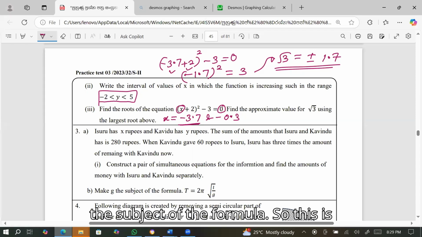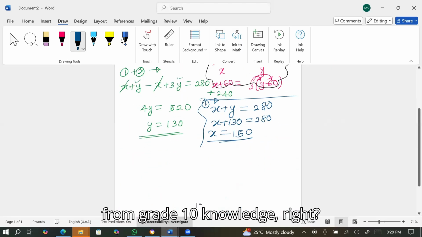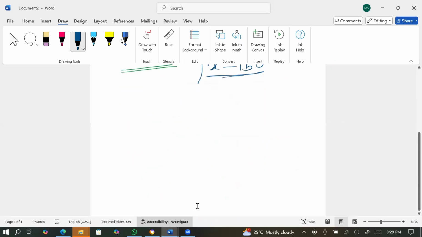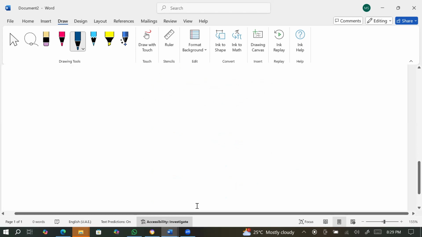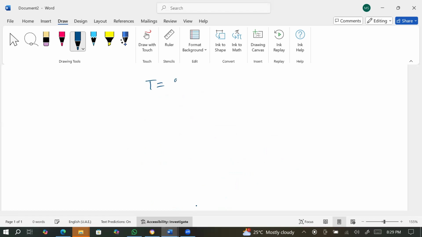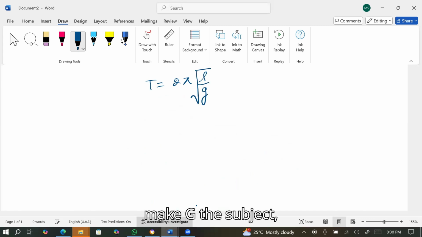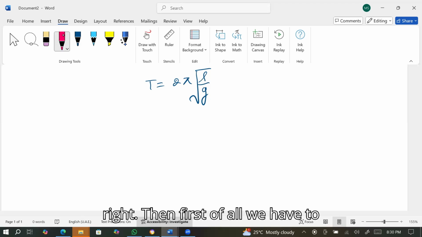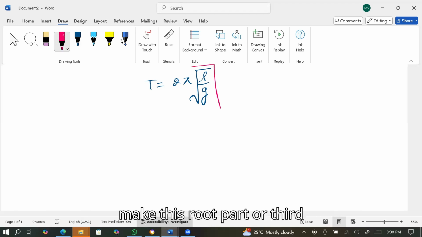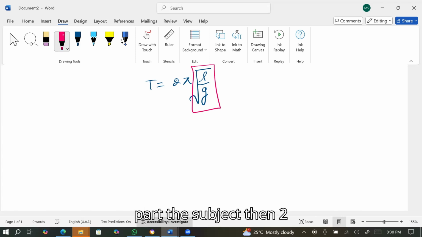Make G the subject of the formula. So this is from grade 10 knowledge, right? The formula is T equals 2 root of L over G. Make G the subject. First of all we have to make this root part the subject.